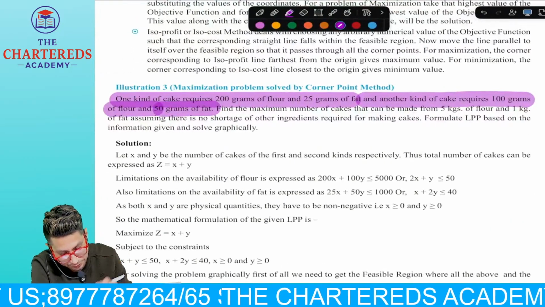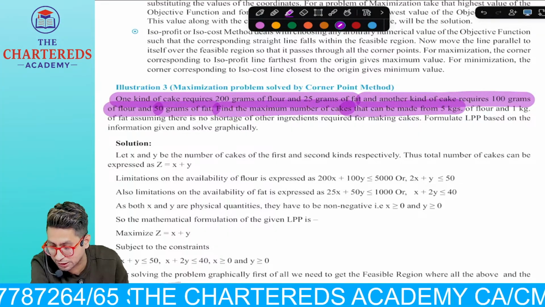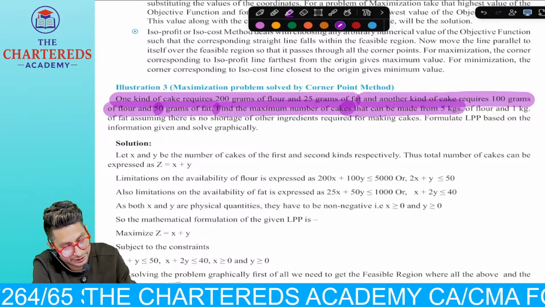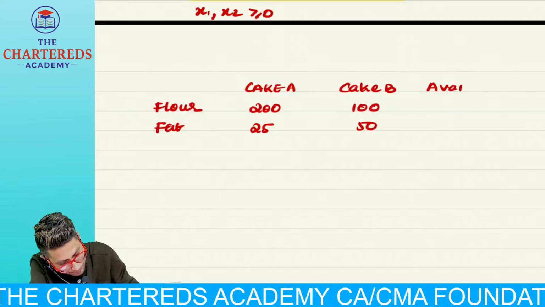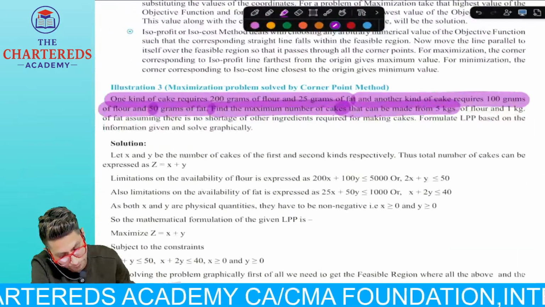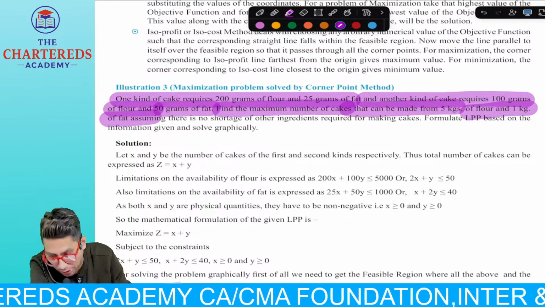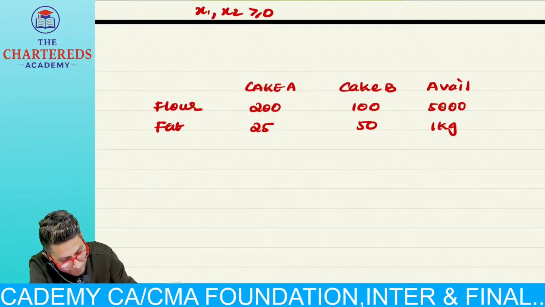Next, find the maximum number of cakes that can be made using 5 kgs of flour. So availability is how much? 5000 grams of flour and 1 kg of fat.